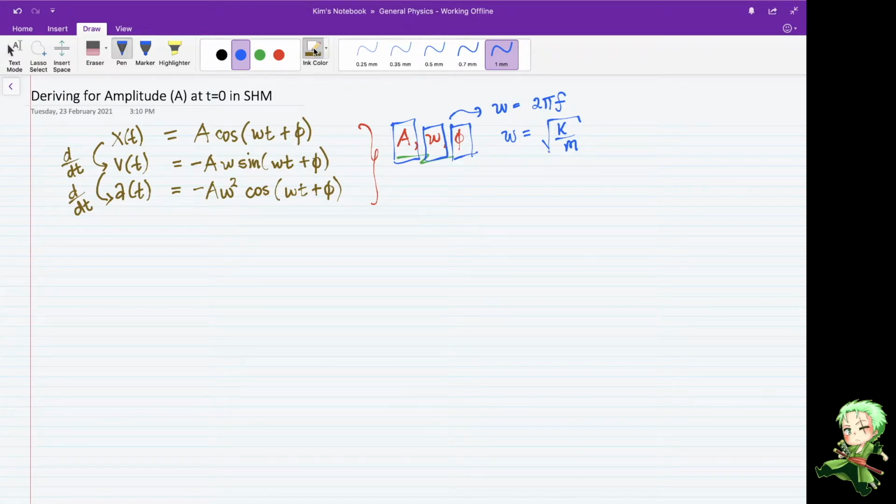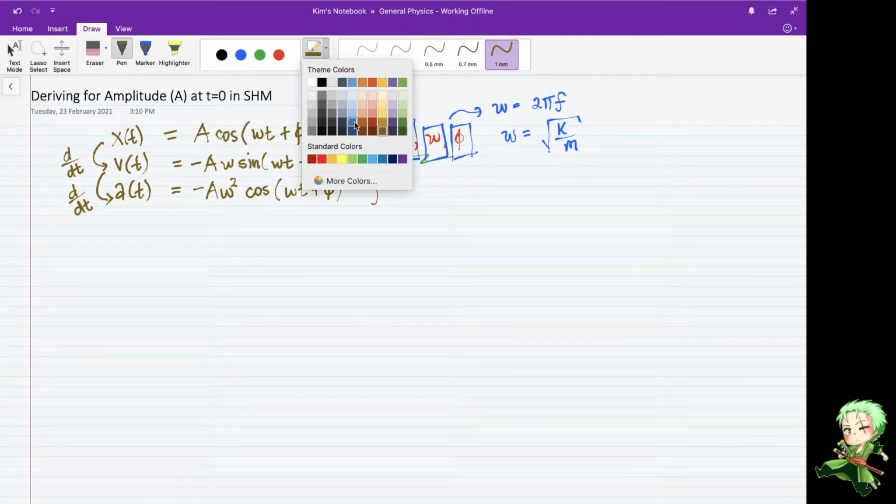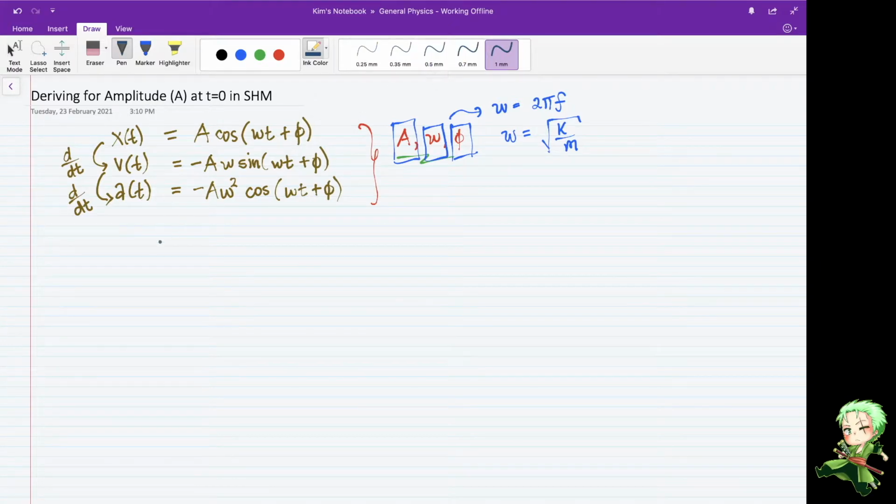Okay, now for solving for A, we start with the expression of velocity as a function of time. From that, we have velocity as a function of time given by negative A omega sine of omega t plus phi.